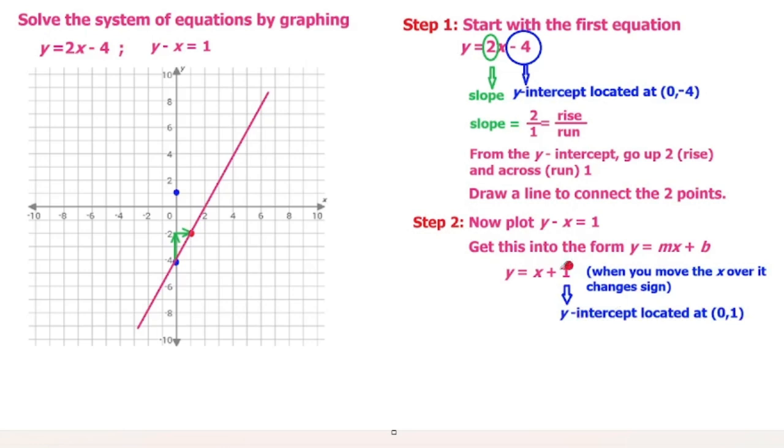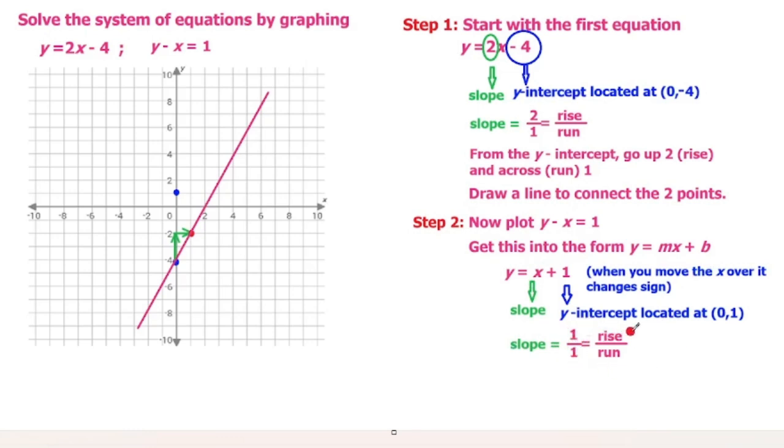So now we know this is our y-intercept, which is located at (0, 1), which is right here. We've just plotted it. And this is the slope. There's nothing here, but there's actually an imaginary 1 multiplying with the x. So we know our slope is 1, which is the same as 1 over 1.